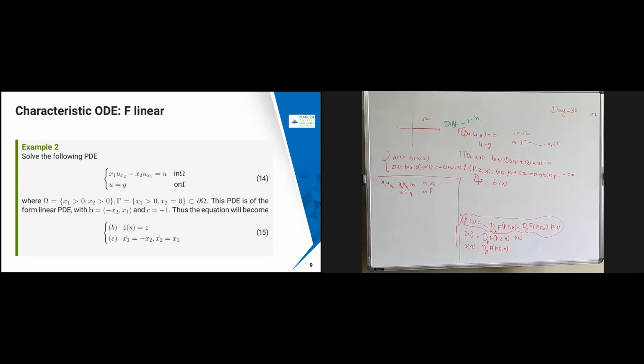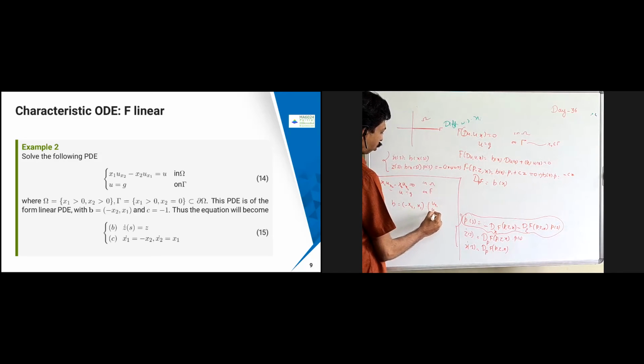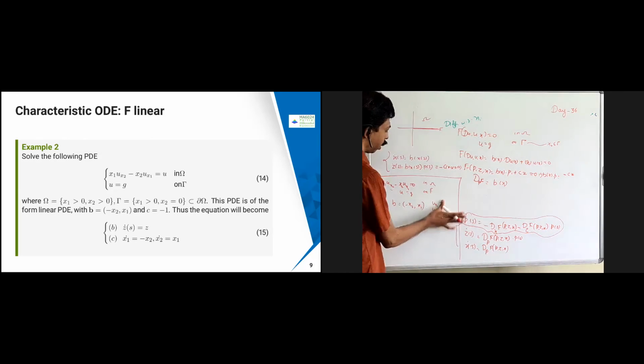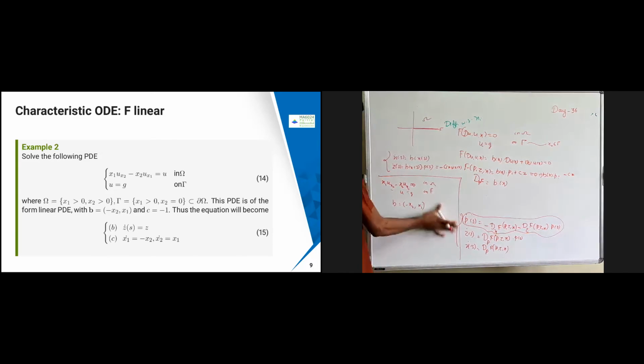So we need to find what our B is. B is nothing but minus x2 comma x1. If I take a dot product with the gradient of u, which is u_x1, u_x2, you can see that minus x2 into u_x1 is there, x1 into u_x2 is there. So that is very clear. B is going to be minus x2 comma x1, and we can substitute in this equation simply.